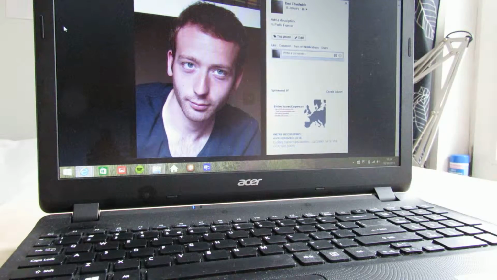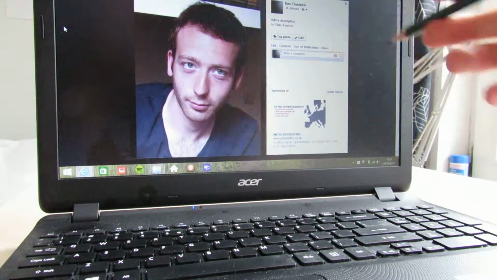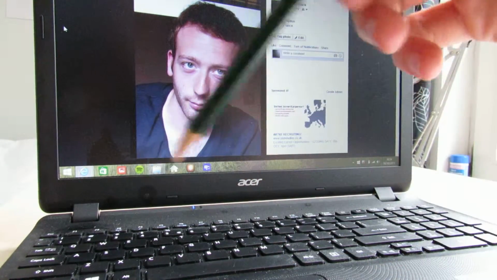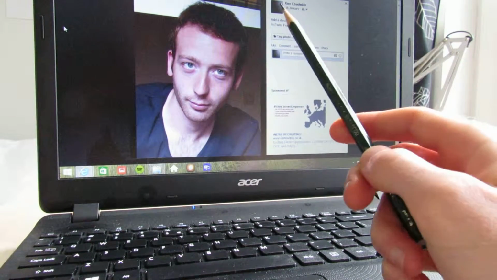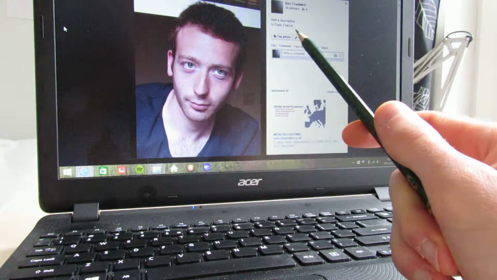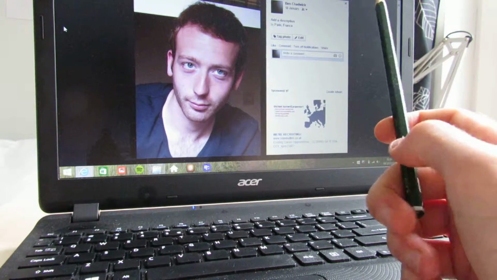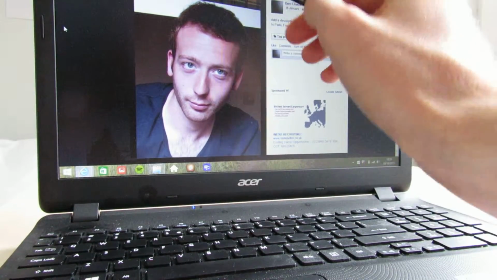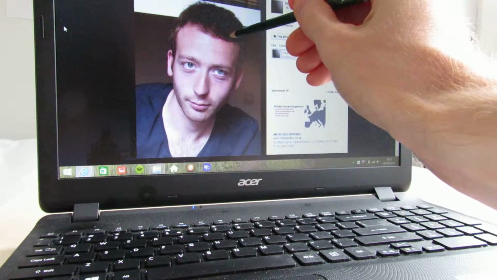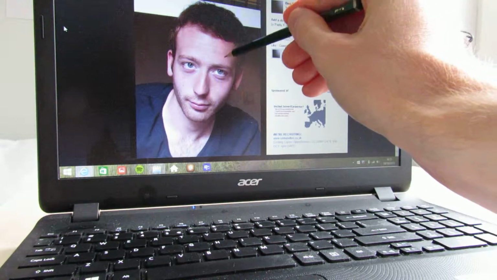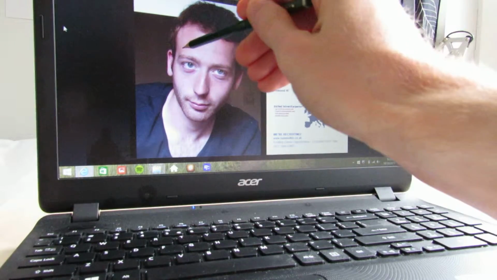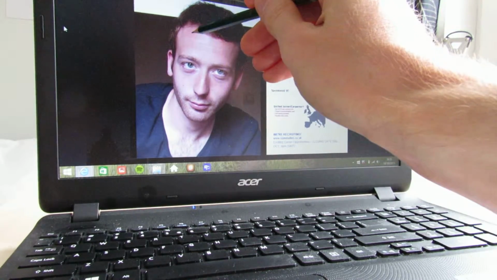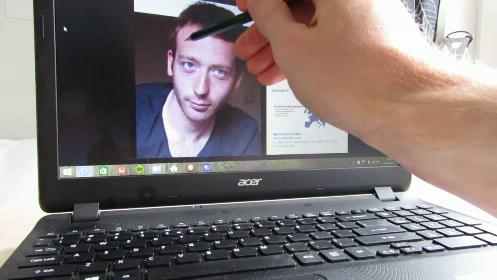So maybe H 3 times on the medium grip, and I'd say this area here above this left eye, and this area here above the left hand side of the right eye.